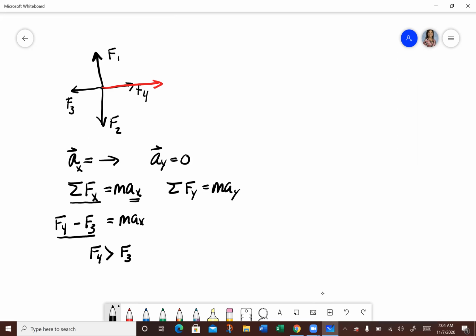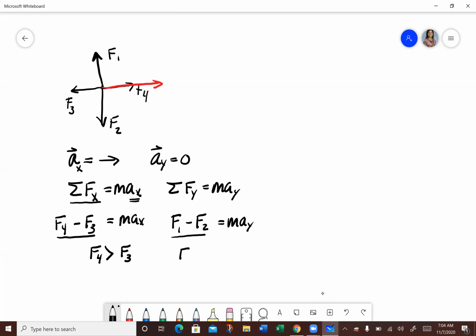If F3 was greater, you would have a negative net force, giving you an acceleration to the left. In the vertical, if we want a_y to be 0, we would have F1 minus F2 equals m a_y. The only way a_y is 0 is if these two are equal to each other.